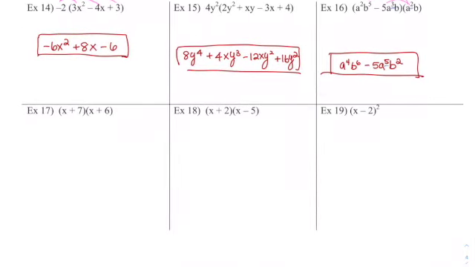Then we talk about FOIL, which I don't like to say. I like to say first term times everybody in the second parenthesis, second term times everybody in the second parenthesis. That's all. So go ahead, do your FOIL or do your distribute every single term. The reason for that is because I would like to show you 20.